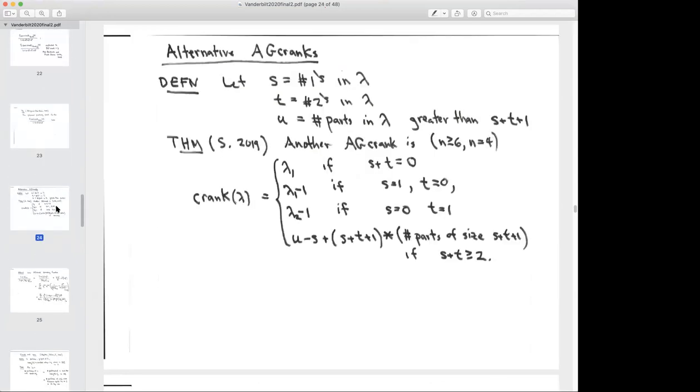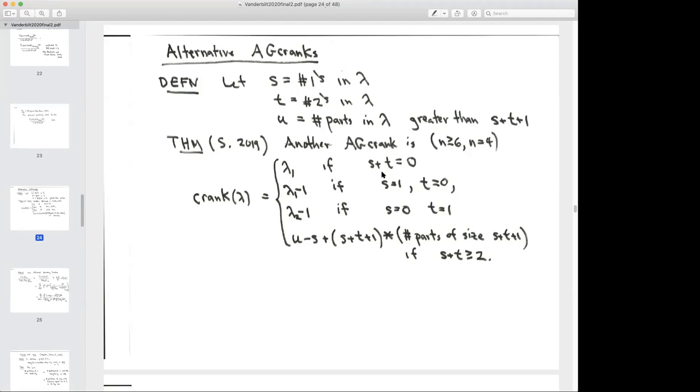How about some other cranks? In this talk so far, I've had 1 rank and 2 cranks. Here's a different AG crank. I came up with this last summer while I was thinking about cranks. Instead of having just 1s, I'm going to be interested in 1s and 2s. Take the number of 1s, S, the number of 2s, T, and now instead of taking parts which are greater than the number of 1s, I want to take the number of parts which are greater than the number of 1s plus the number of 2s plus 1.